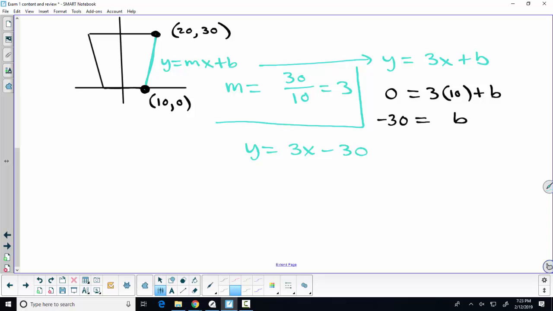Okay, so that's the equation of our line, but also the width cross sections are running in this direction, which means they have a thickness. Remember, they're little rectangles. They have a thickness in the y direction. So we want this function in terms of y, not x.